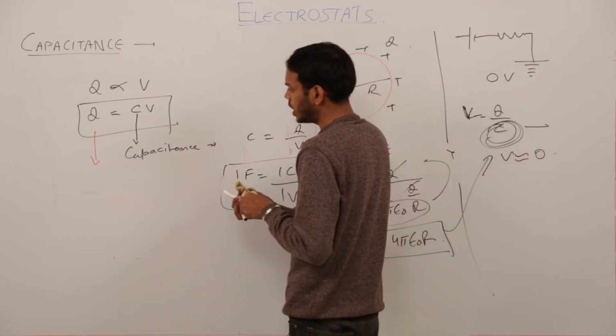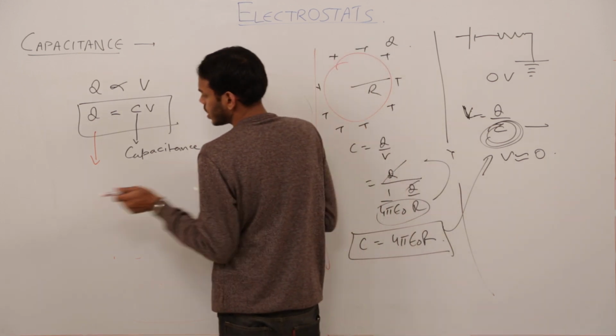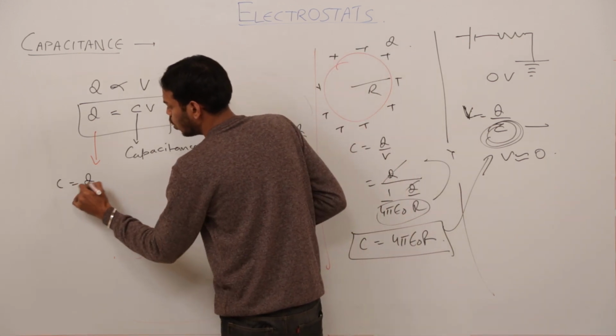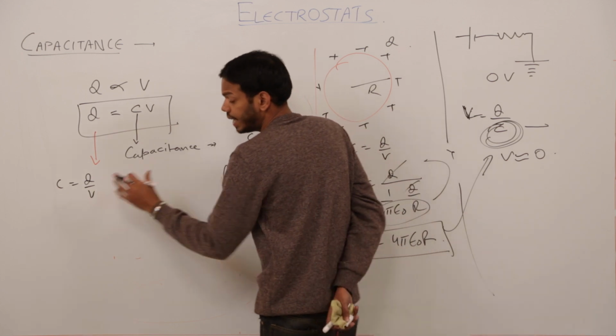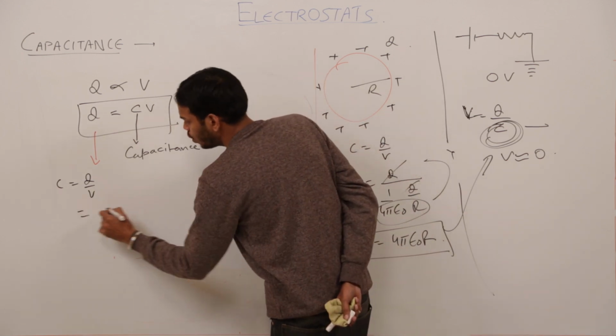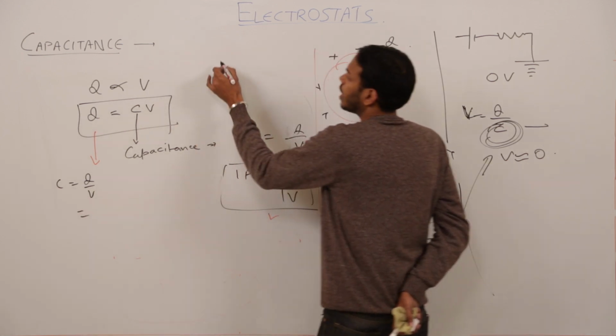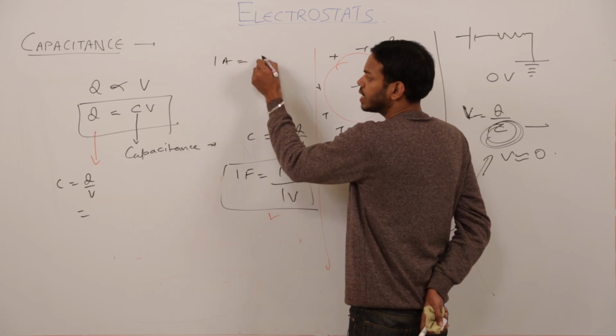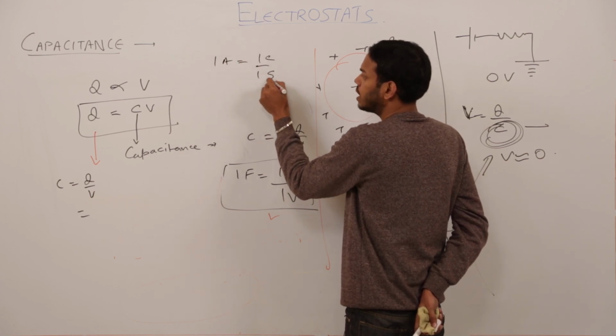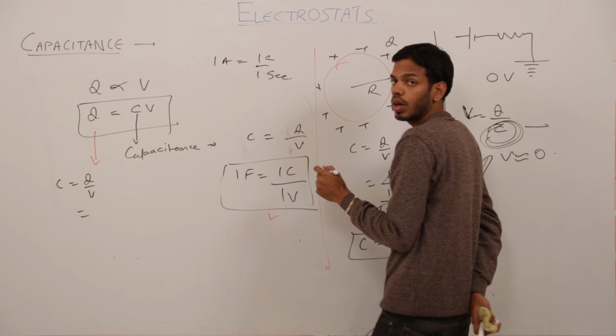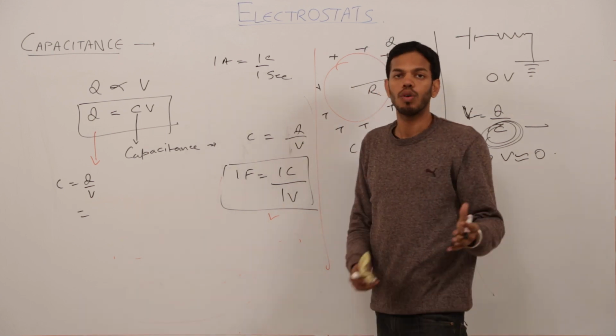The formula for C is Q upon V. In terms of SI units, what is Q? 1 ampere is 1 coulomb upon 1 second, is it true? Current is the rate of flow of charge.